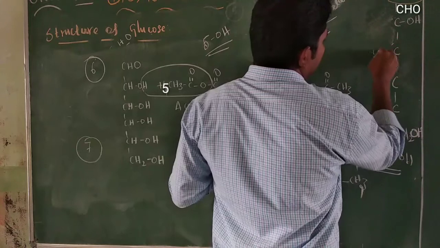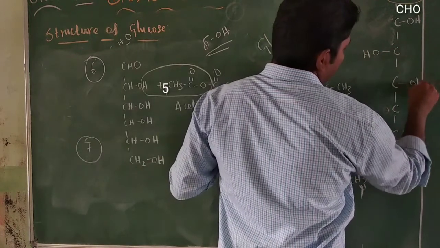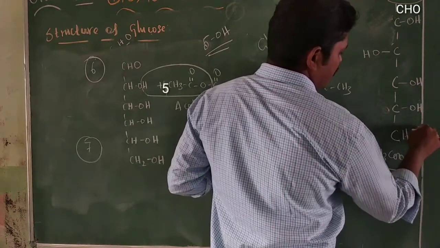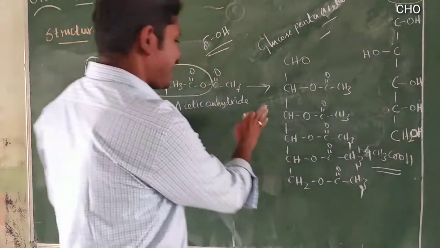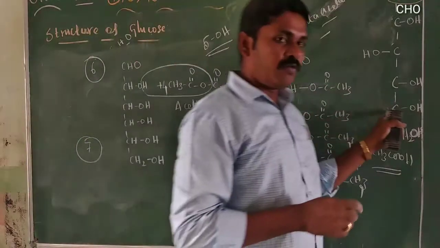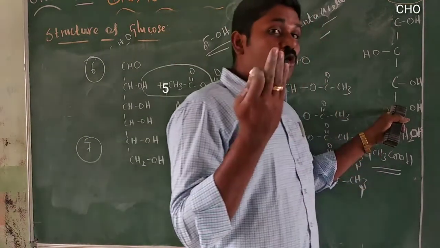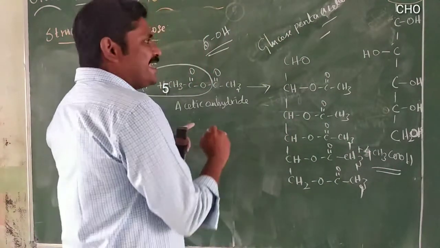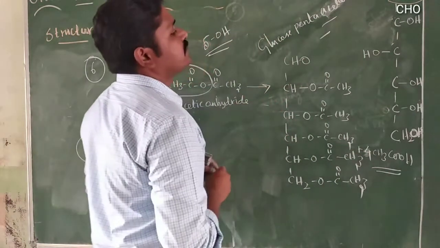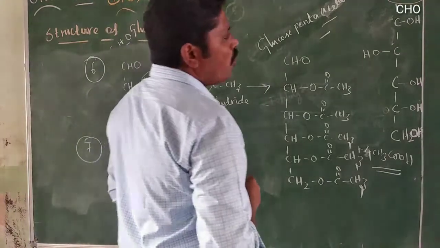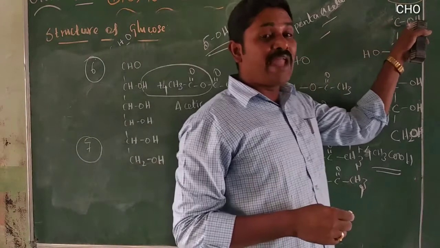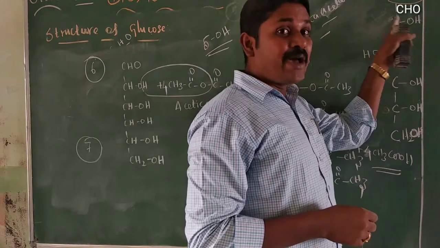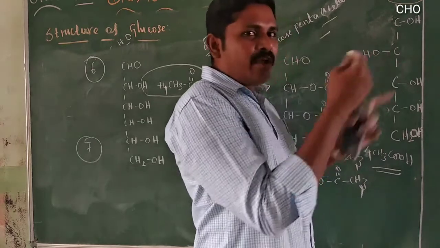OH, OH, OH, right? That reaction indicates 5 hydroxy groups. So glucose is a more stable compound, and dehydration cannot easily occur. So it does not contain a gem dihydroxy group.